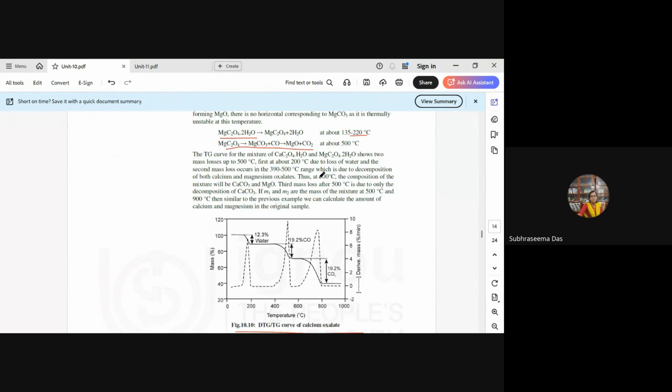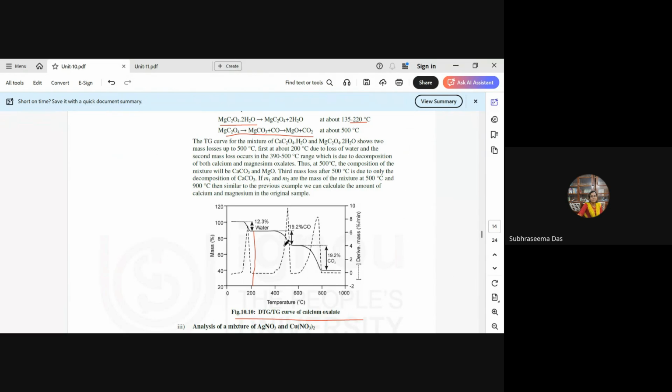The TG curve for the mixture shows two mass loss regions up to 500 degrees centigrade. The first is about 200 degrees centigrade, where there is mass loss due to loss of moisture. Then we have a mass loss in the range of 390 to 500 degrees centigrade, that is due to decomposition of both magnesium oxalate and calcium oxalate.